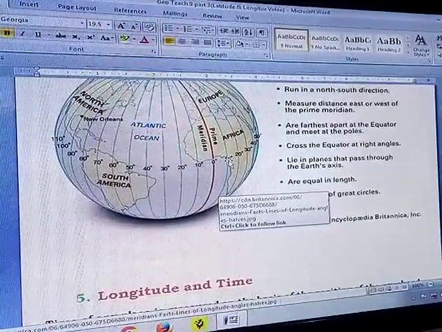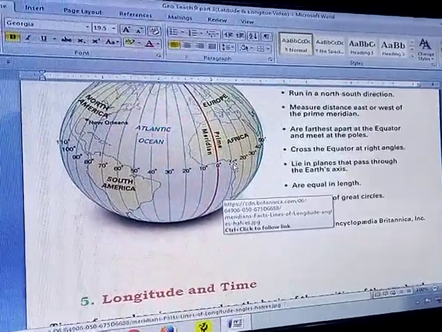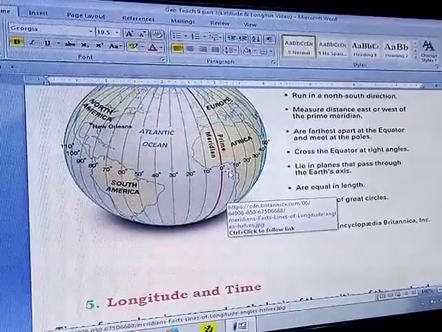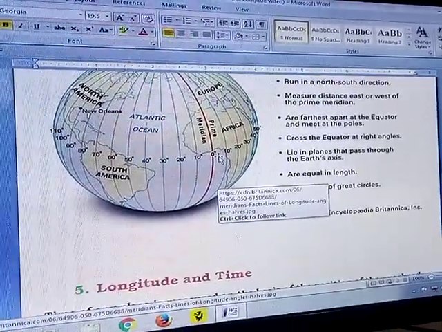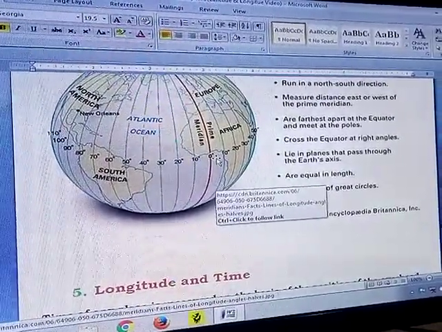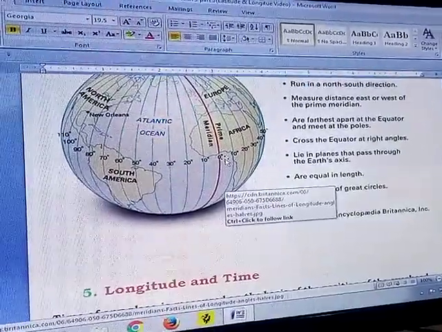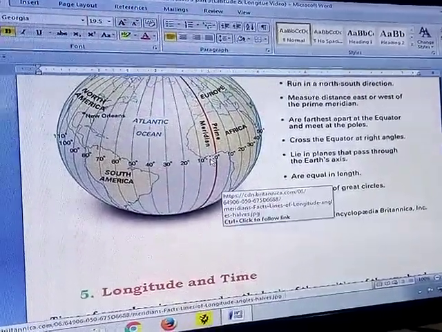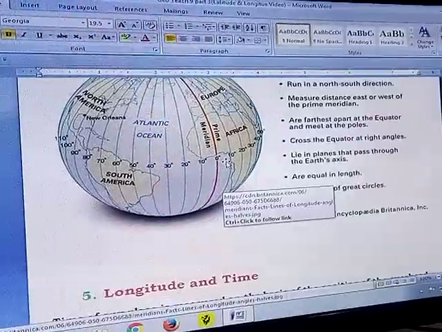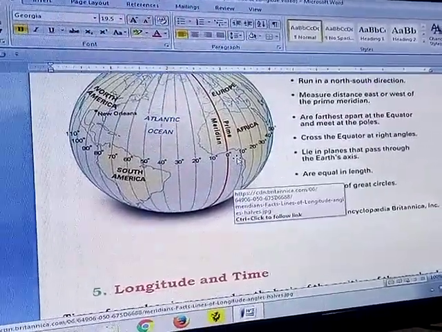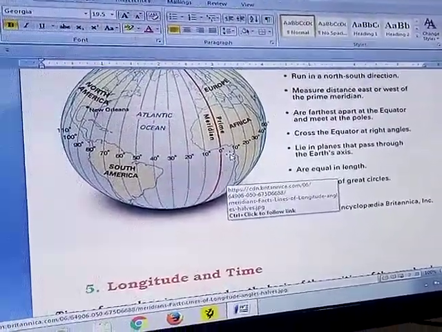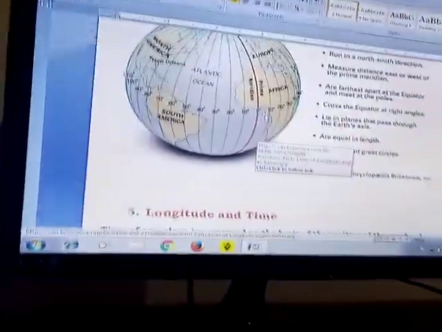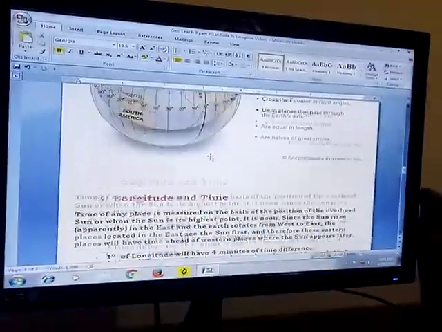You can all imagine when you have a cricket match, the time in Australia is always ahead of us. If they say the match will be happening at 9 o'clock there in Australia, then sometimes you have to get up at 3 o'clock in the morning to see the match, perhaps. So that is why the time is always different.